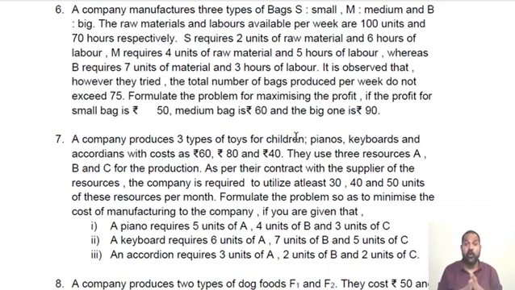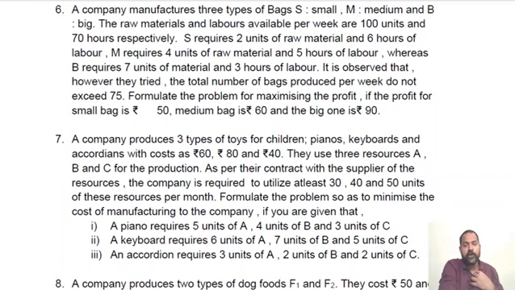M requires 4 units of raw material, 5 hours of labor, whereas B requires 7 units of material and 3 hours of labor. It is observed that however they tried, the total number of bags produced per week does not exceed 75. Formulate the problem for maximizing the profit if the profit per small bag is rupees 50, medium bag is 60 and big bag is rupees 90.